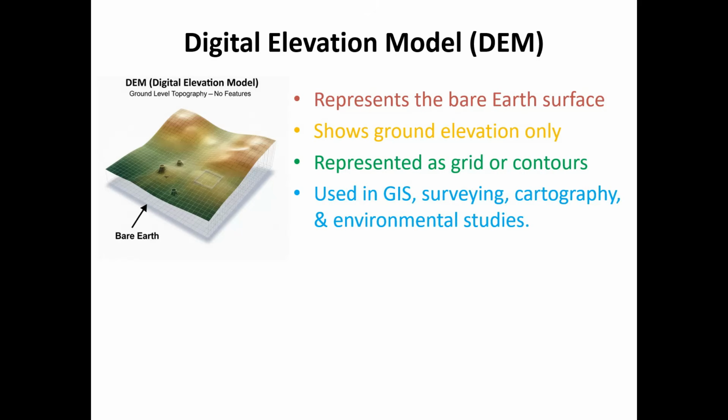DEM represents the bare earth surface, shows the ground elevation only, represented as grid or contours. It is mostly used in GIS, surveying, cartography and environmental studies. As you can see here, DEM data mostly represents the bare earth.